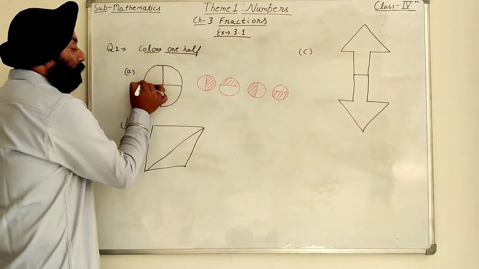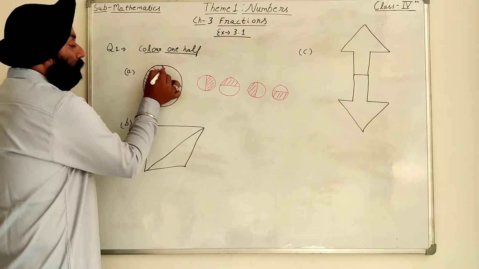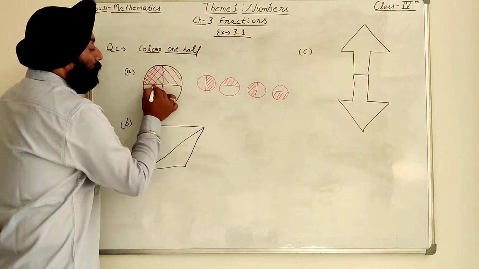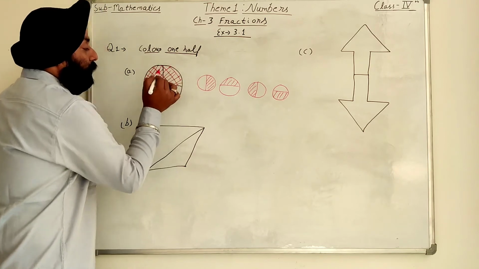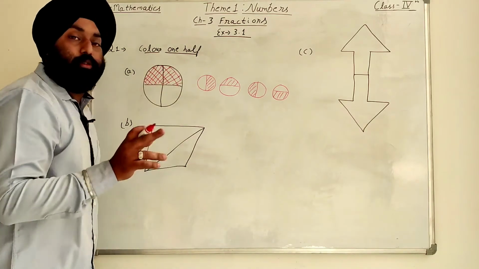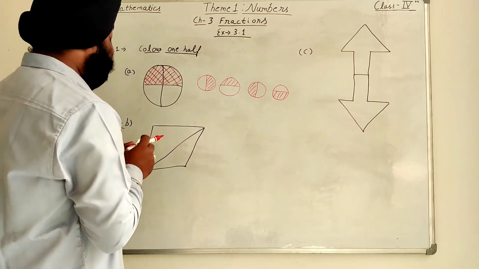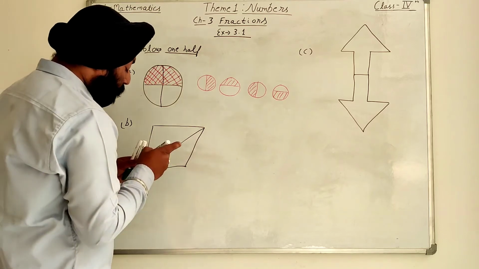So what are we going to do? Color these parts. I am just lining it, you have to color it. I just draw the line, but you have to color it. Now the B part. What we have to do?